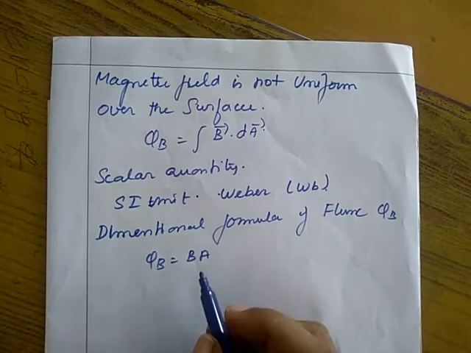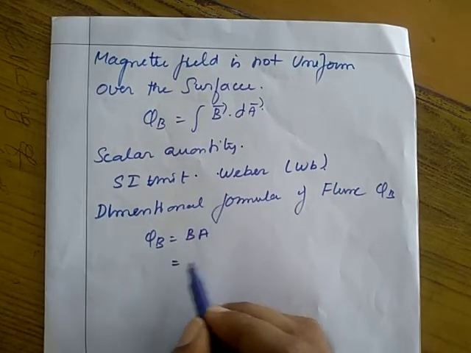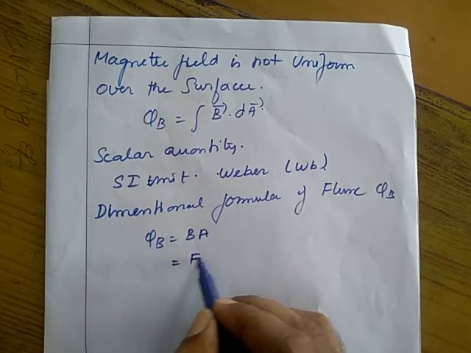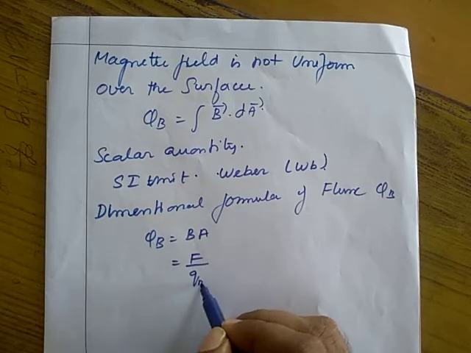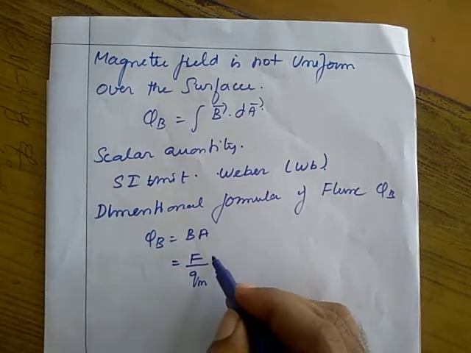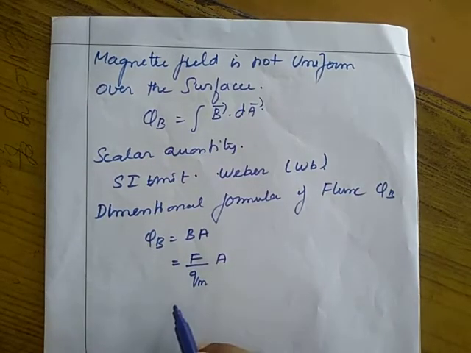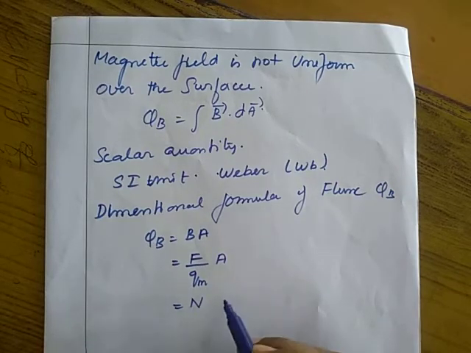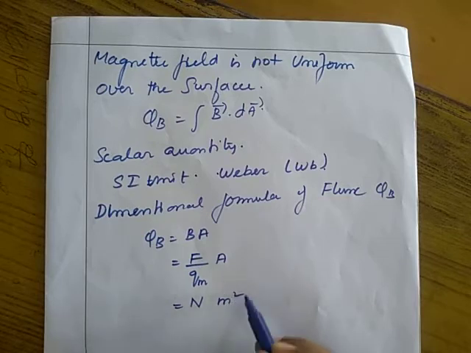Then how to write magnetic field? Magnetic field is the force experienced by a unit pole. Then it is area. The unit of force is Newton. The unit of area is meter square.